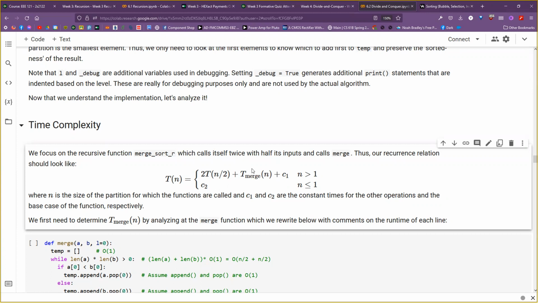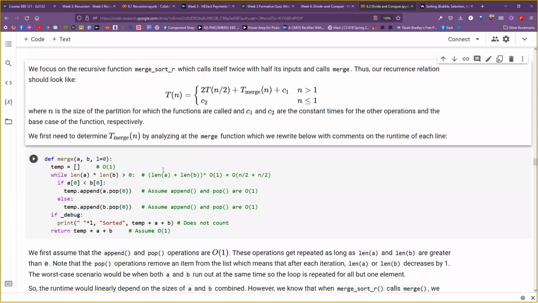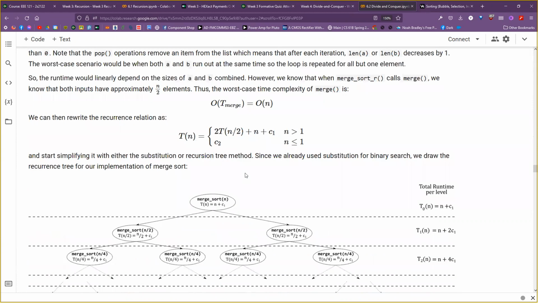So yung running time ng pag-merge is meron tayong dalawang n over 2 na elements na kailangan i-combine to a single list. So that takes linear time. So mas simplify mo siya to 2 times T of n over 2 plus n plus a constant.